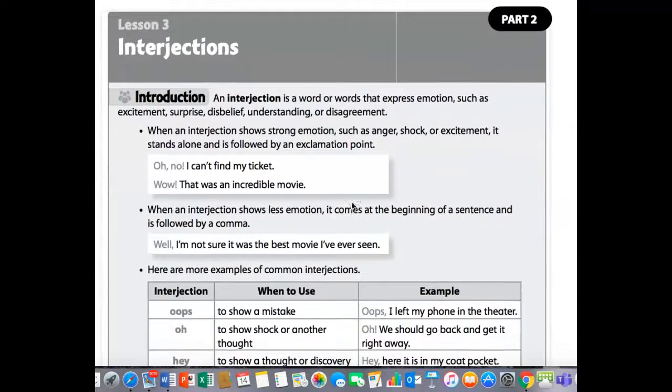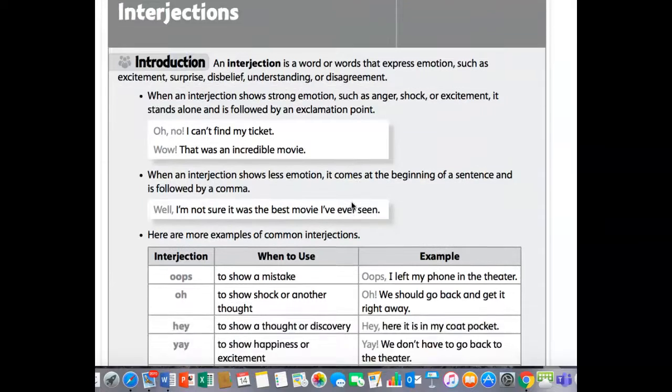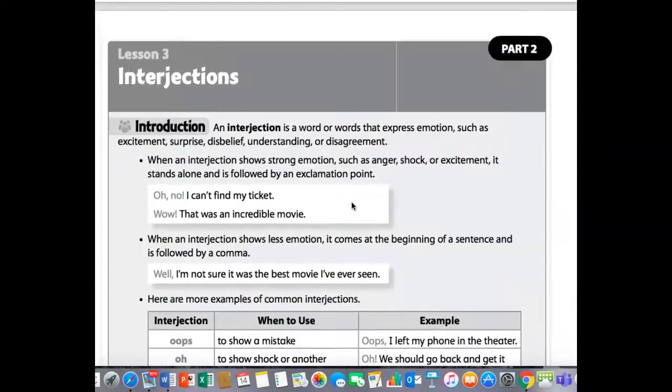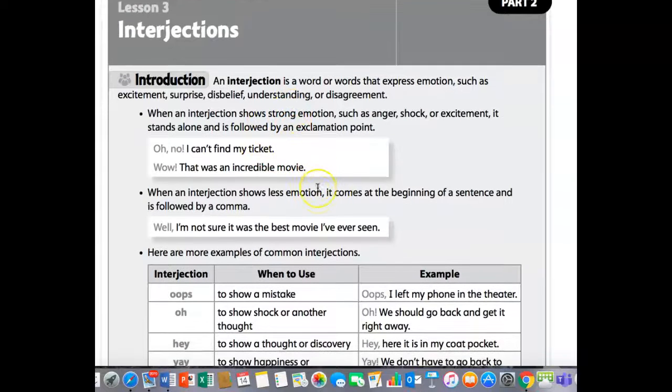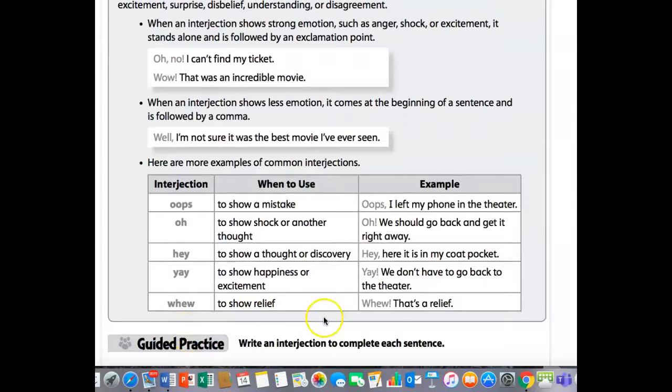And then this is today's writing assignment, and it is interjections. Your teachers will go over this page and talk to you about what an interjection is, here are some examples, and when we use them.